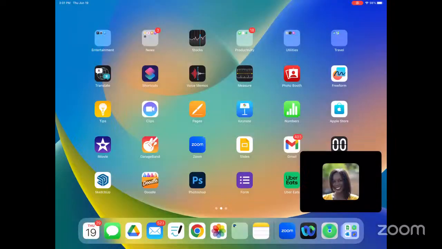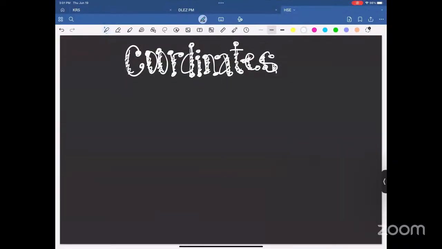Switching over to my lovely iPads, and I have scribbled coordinates here. So when it comes to coordinates, we normally have how many in our coordinate plane? Two. We have what's called our X and our Y. X always comes before Y in the coordinates.